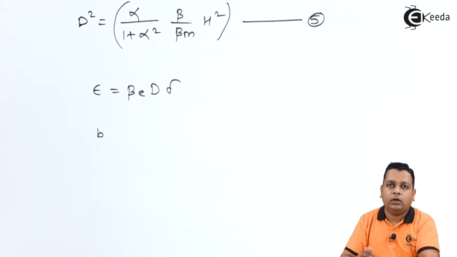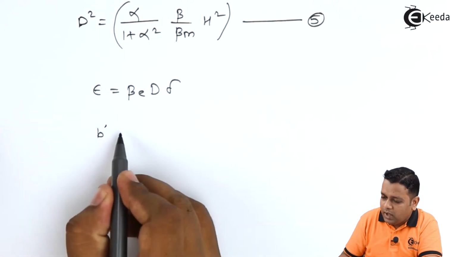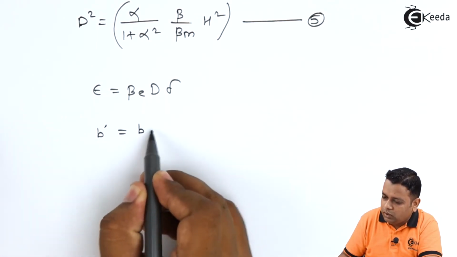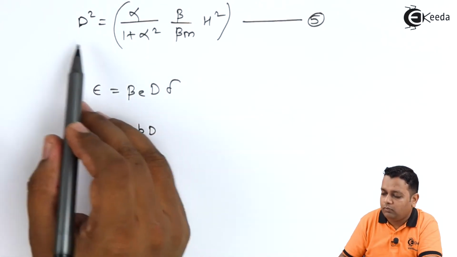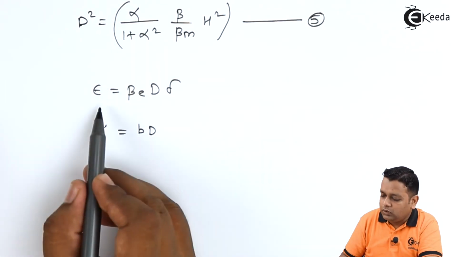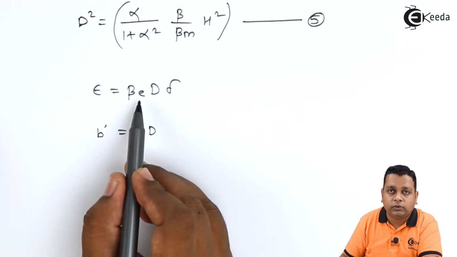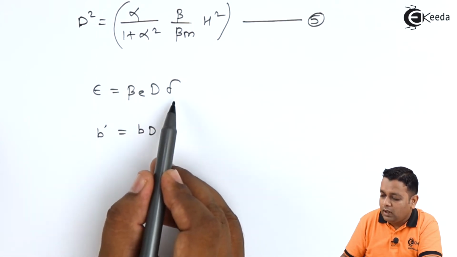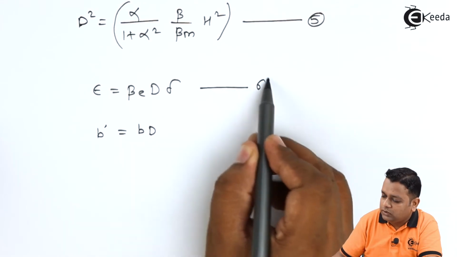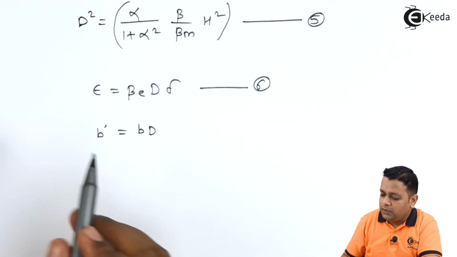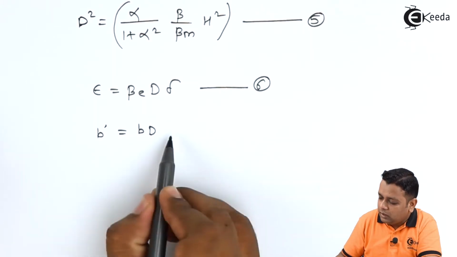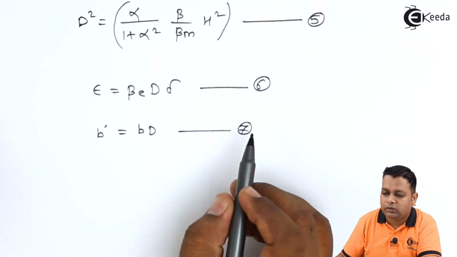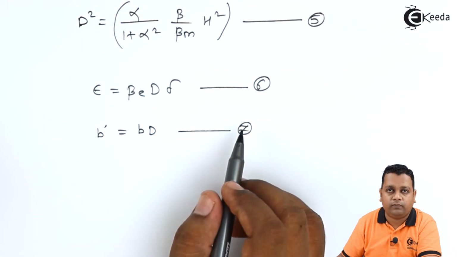Now small b dash can be equal to small b into capital D, which we can recover from equation number 5. So epsilon, represented in terms of the phase shift constant, capital D and del, can be given as equation number 6, whereas b dash expressed in terms of small b and capital D is given as equation number 7.